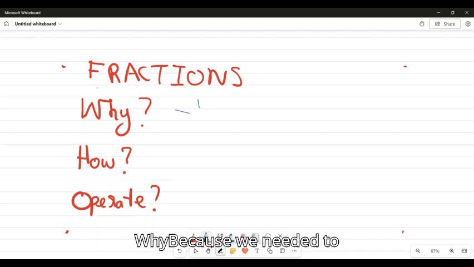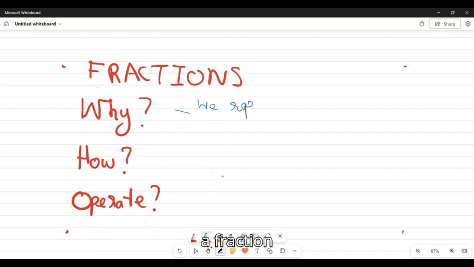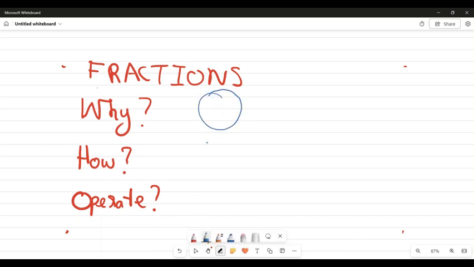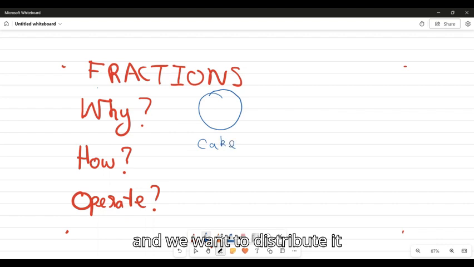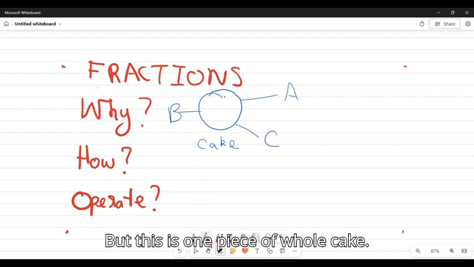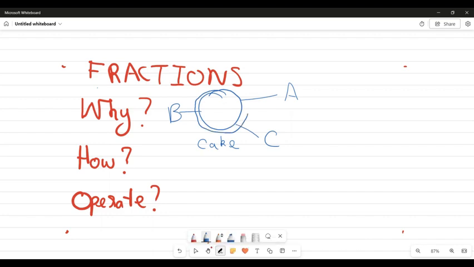Why? Because we needed to represent a fraction, a part of something. Say this is a cake, and we want to distribute it to three people, A, B, and C. But this is one piece of whole cake. How will we do it?